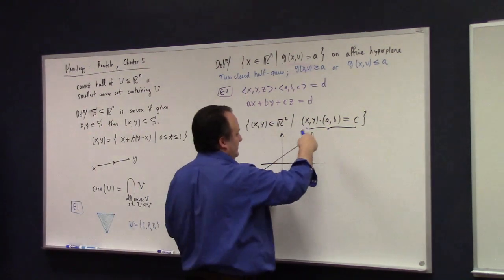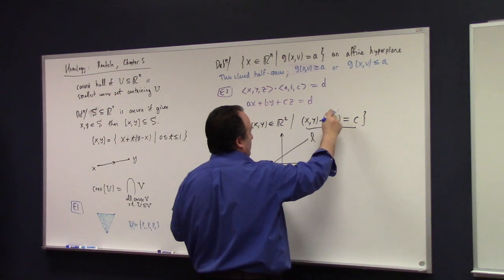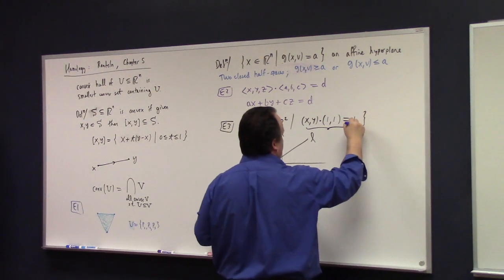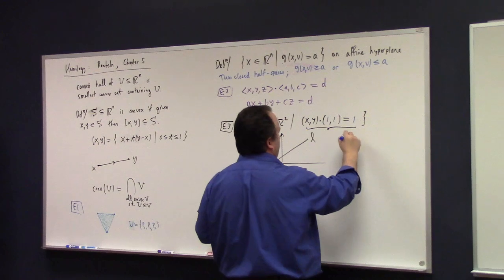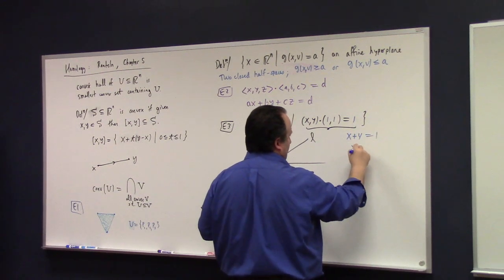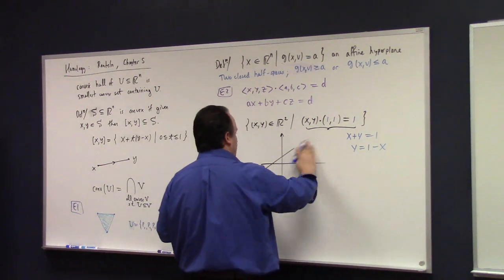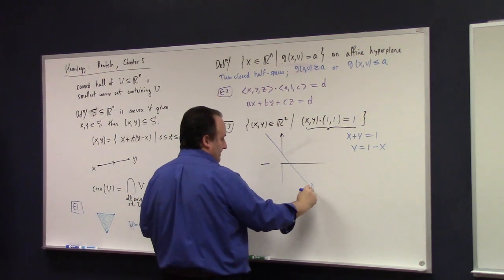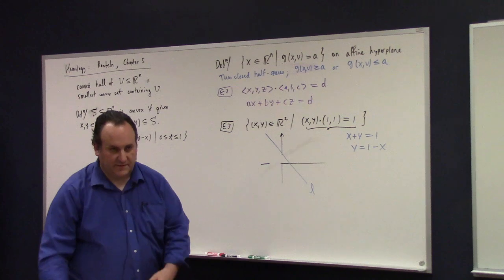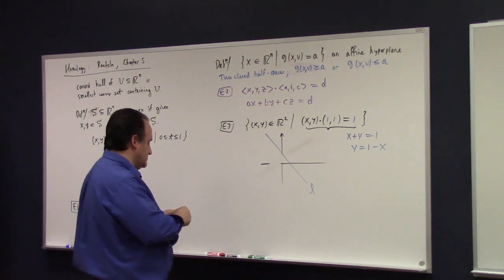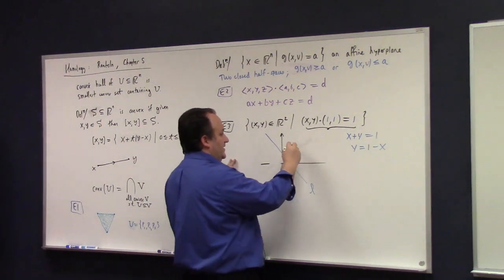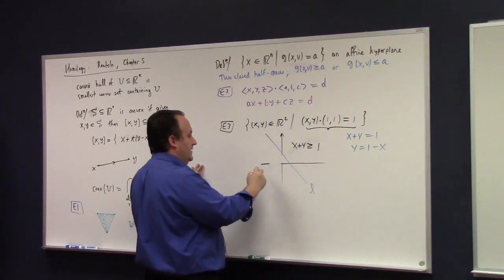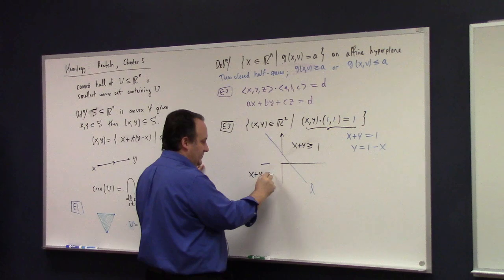Let me make this a little bit easier. Let's just make this 1, 1, and 1. So this is just x plus y equals 1, so y is 1 minus x. With those choices, I can take the ambiguity out of all this. This is L, so it's fairly clear what the defining half spaces are. Up here, we'd have x plus y greater than or equal to 1, and then down here, we'd have x plus y less than or equal to 1, I think.